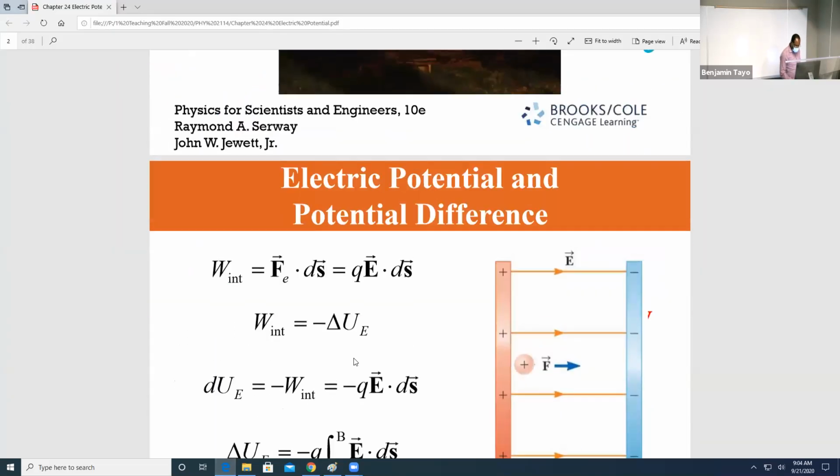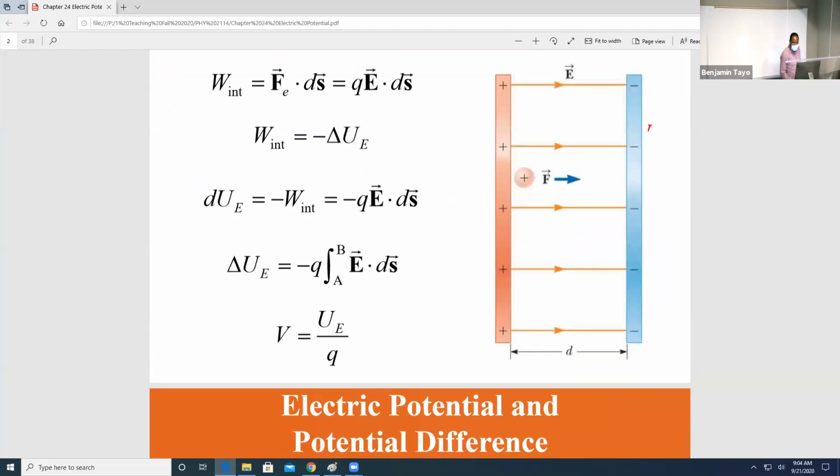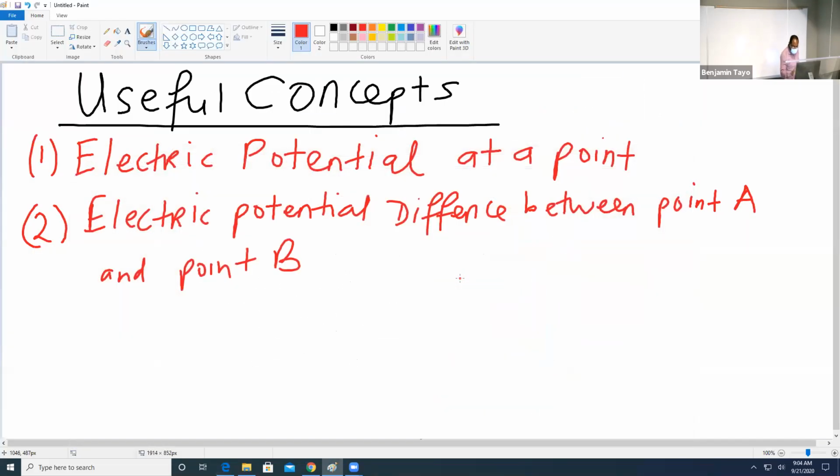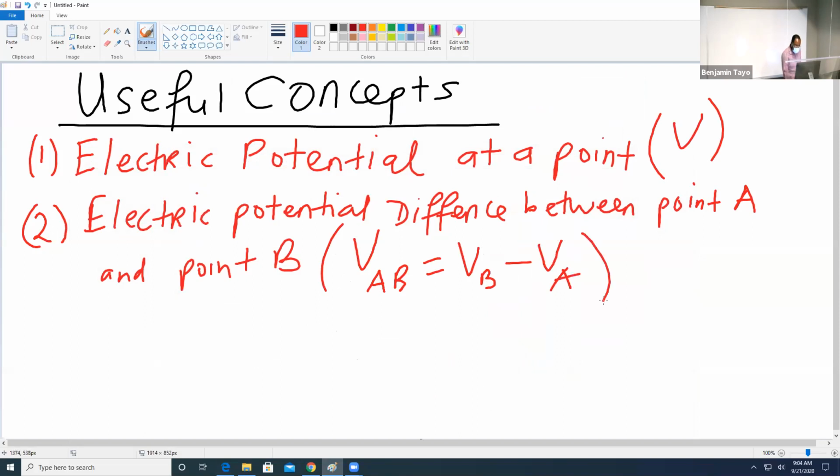So this is V. The symbol here is V, and the symbol here is going to be VAB. Now VAB is just VB minus VA. So you can see the potential difference.